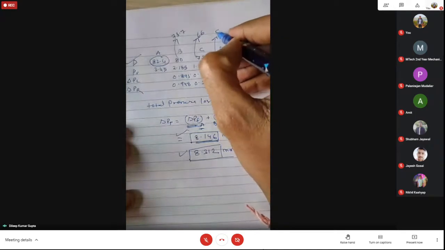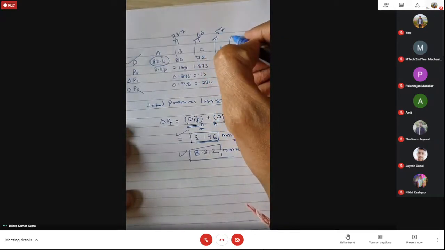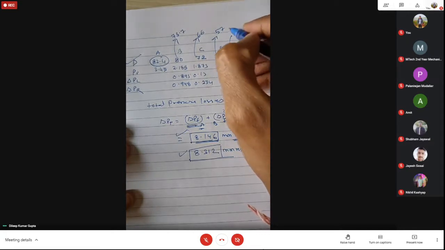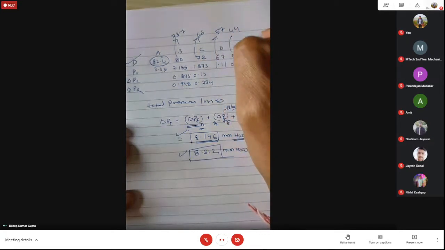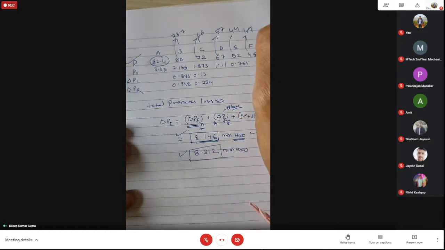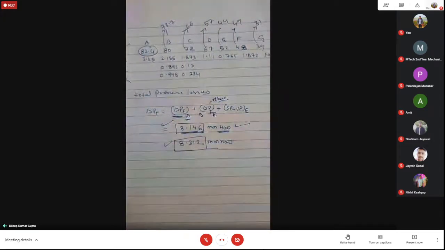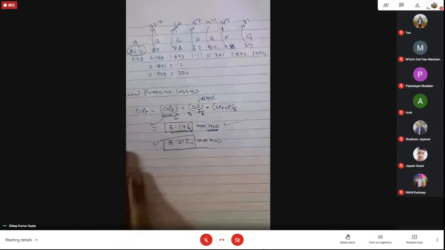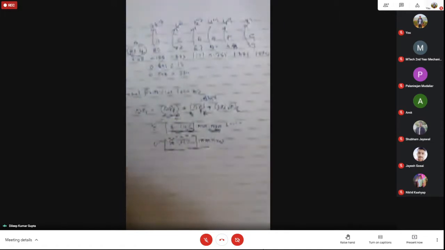It was 66, now this is 57. And this was 52 for section E, it is 44 here. Then 48 is now 49, and this 39 becomes 31. So the sizing is also different, and you have to check which one is giving the better result. If you compare these two, which one is giving the better result?